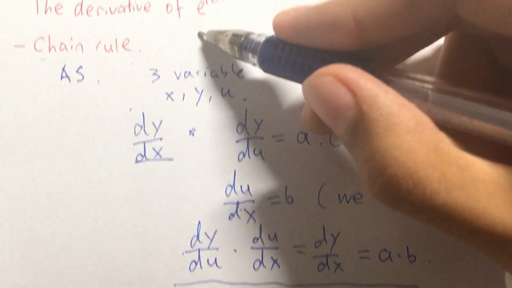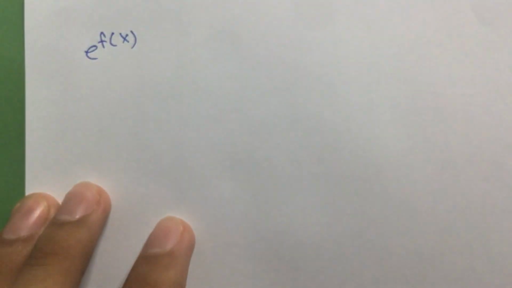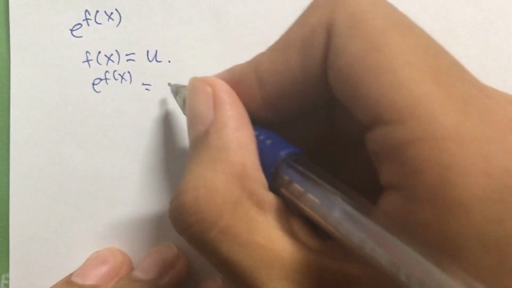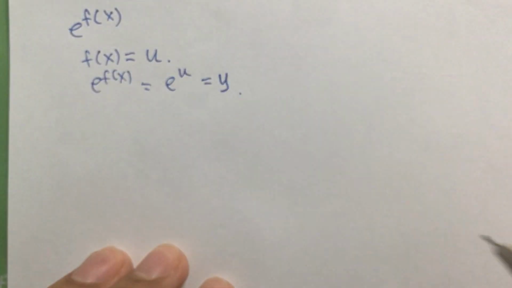So now let's do e to the power of f of x. Simply, we can't solve it straightforwardly, so we are going to use our chain rule. Let's assume f of x equals u. And e to the power of f of x becomes e to the power of u, and this is equal to y.